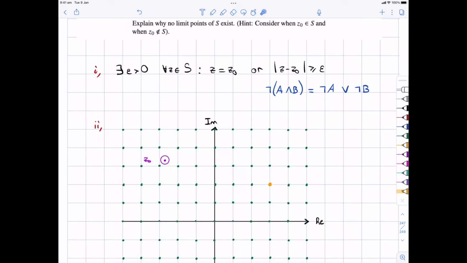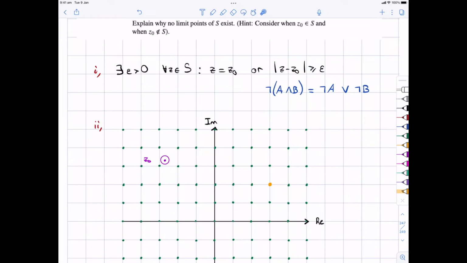Remember this is representing a circle, we're trying to find a value of a radius, so that if you're a Gaussian integer, you are either equal to z0 or you're outside of that circle, on the boundary or outside of that circle.